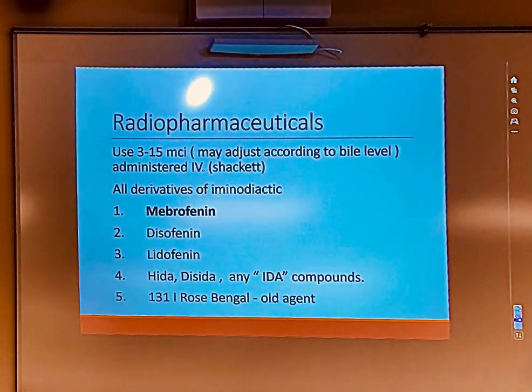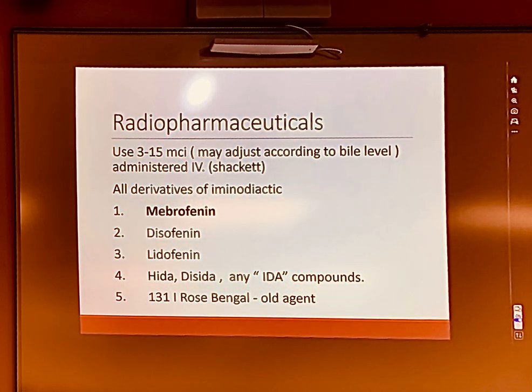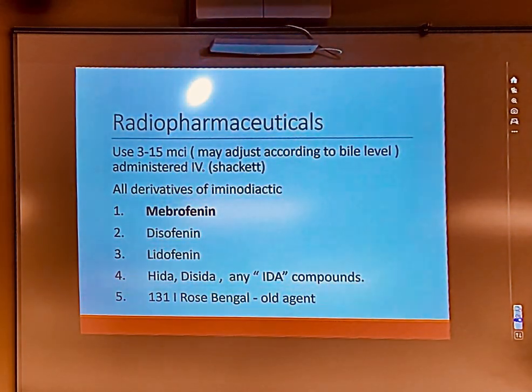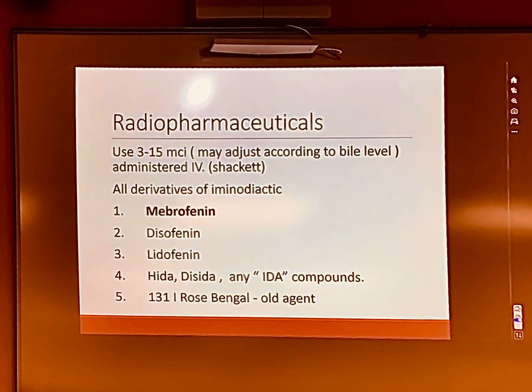That is my authorized user's max dose to give, okay? But Shackett, when he does his book, he does a nationwide survey and says, what is everyone giving? And that's how you get the 3 to 15, okay? So that's why you have such a big range. The reason you have such a big range for this drug is because it is dependent on liver function.